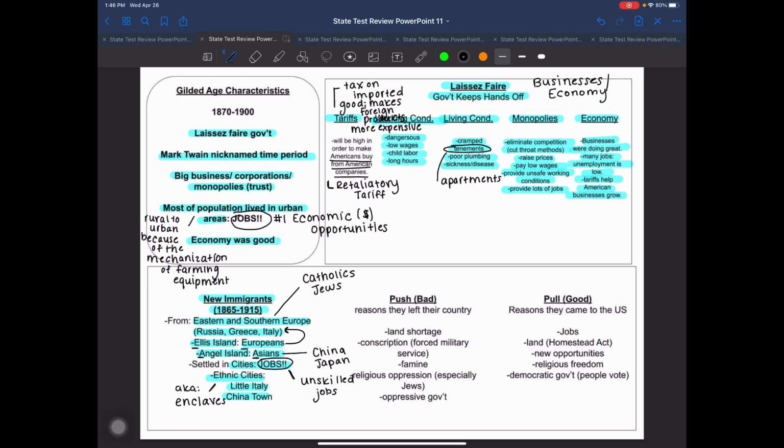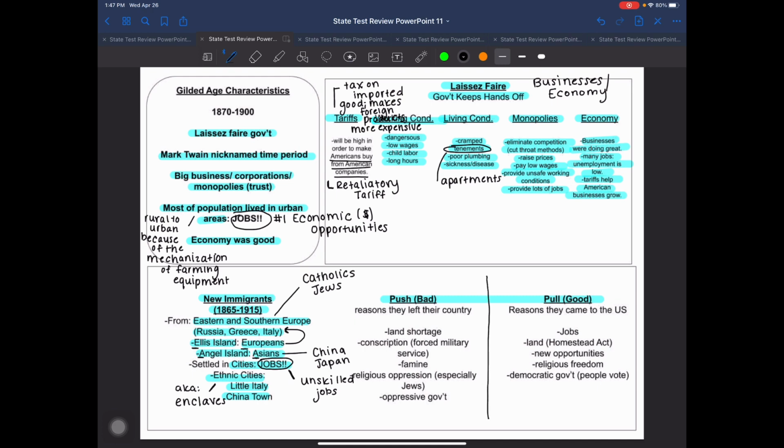The next thing that you need to understand, okay, and I'm going to highlight push and pull. This is a concept that you can see repeated throughout this class, the push and pull effect.